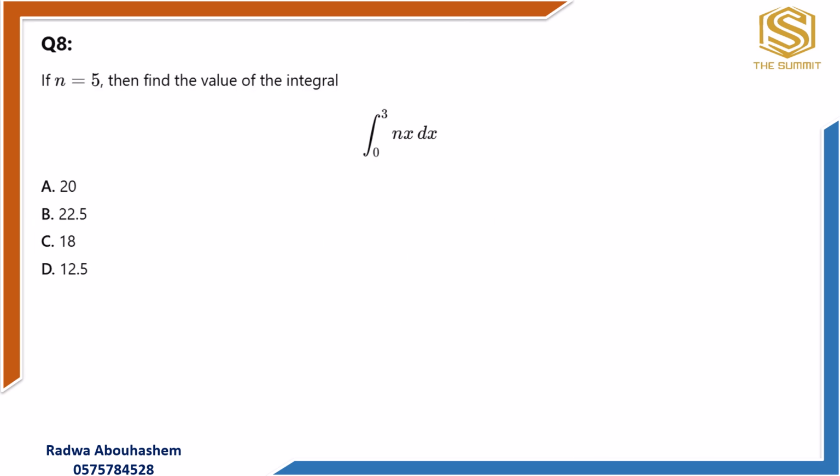If n is equal to 5, then find the value of the integral. So here, it's just like the integration from 0 to 3 of 5x. Now let's take the antiderivative for it. It would be 5x power 2 over 2. Add 1 to the power, divide by the new power.